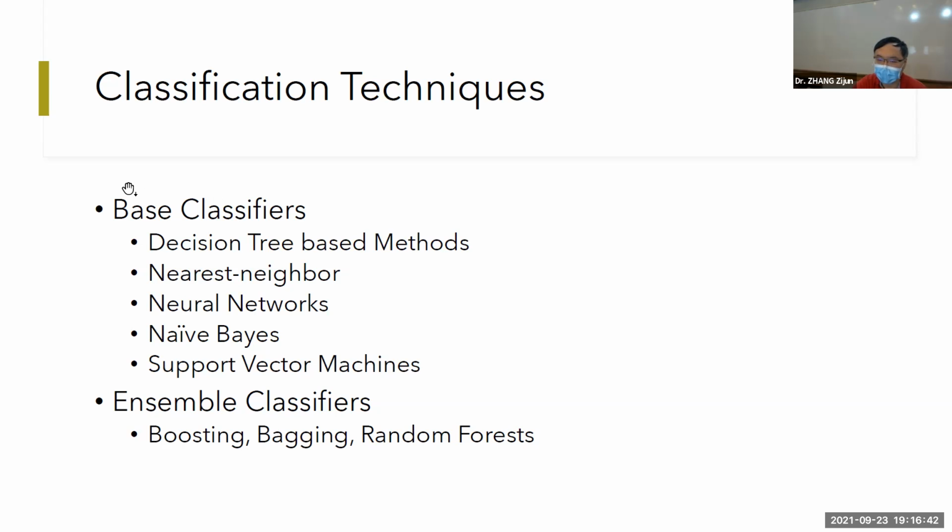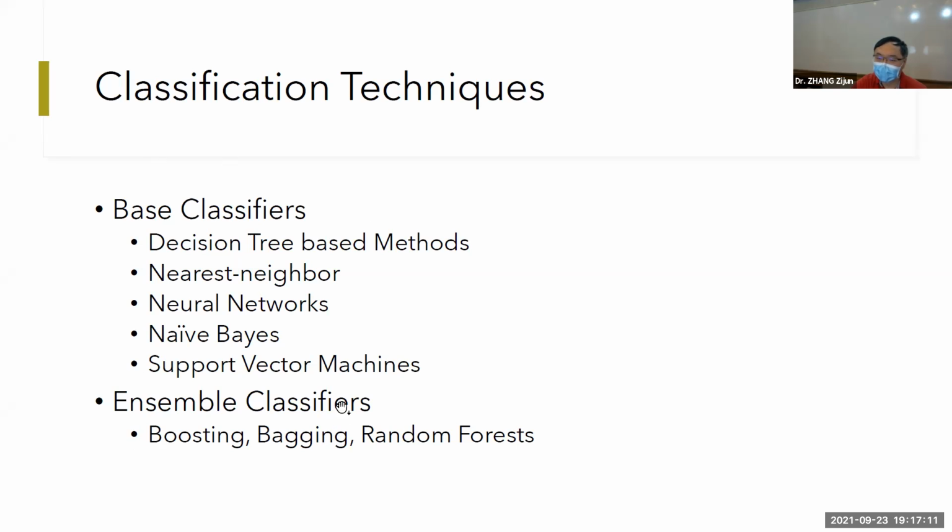They are classical machine learning algorithms like decision tree based methods, nearest neighbors, neural networks, naive Bayes, support vector machines. It could be more. Why do I say base classifiers? Because each of those classifiers works individually. I mean, just one algorithm builds a classifier, okay?